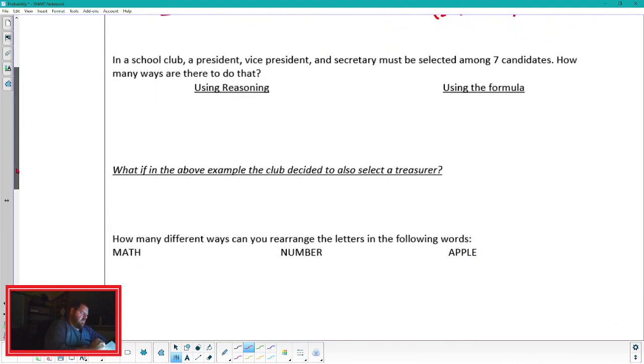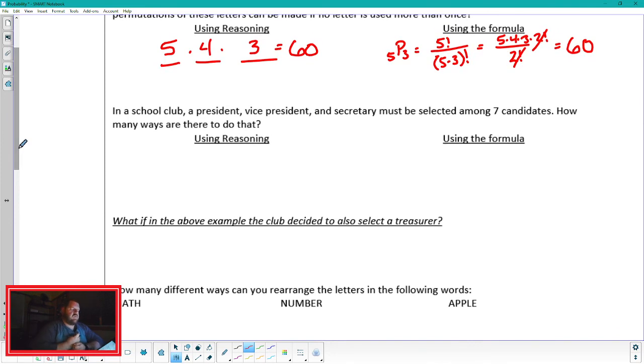On the next one, I have a school club. In a school club, a president, vice president, and secretary must be selected among 7 candidates. How many ways are there to do that? Let's look at the formula first. So I have 7 candidates, and I have 1, 2, 3 different positions to fill.